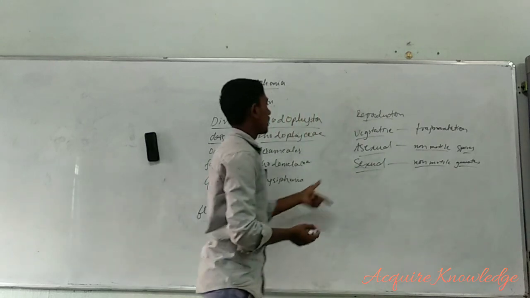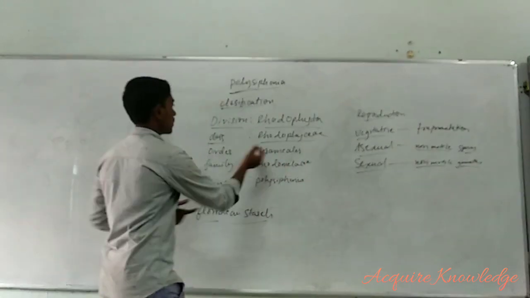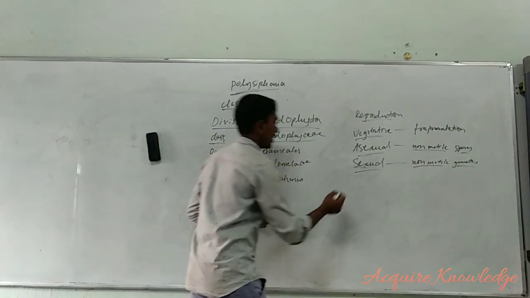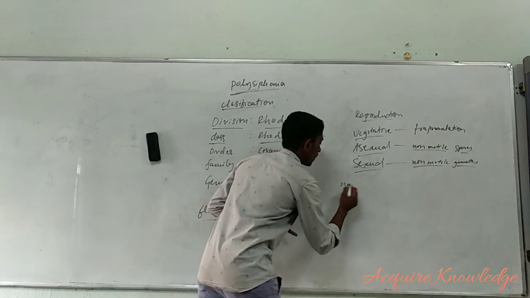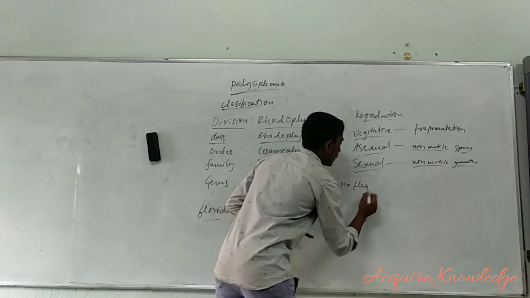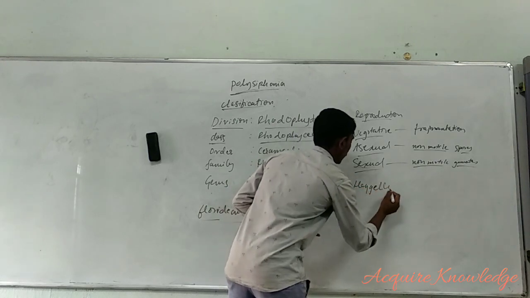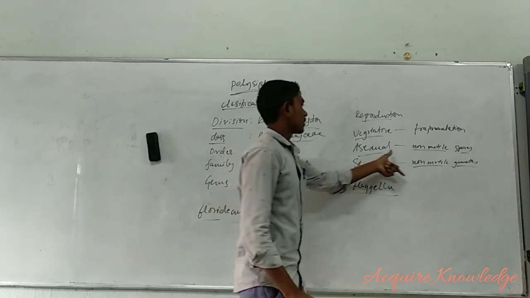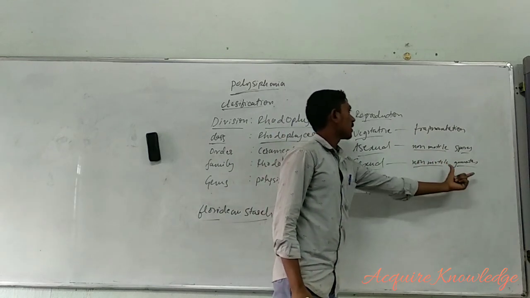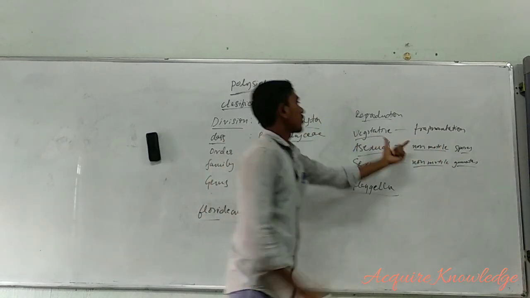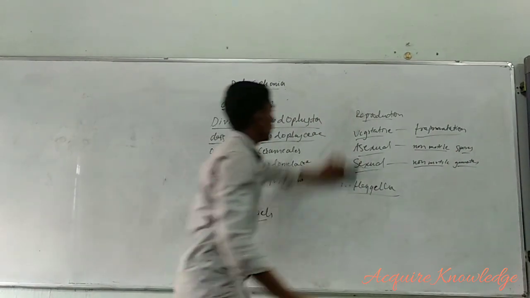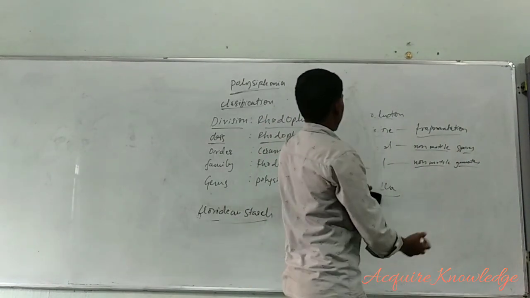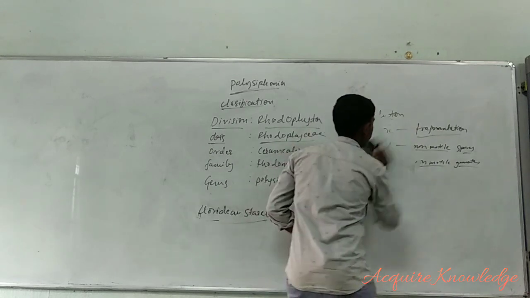We can conclude that in this class Rhodophyceae there is no flagella for reproduction, which occurs through non-motile spores and non-motile gametes, and vegetative reproduction occurs through fragmentation.